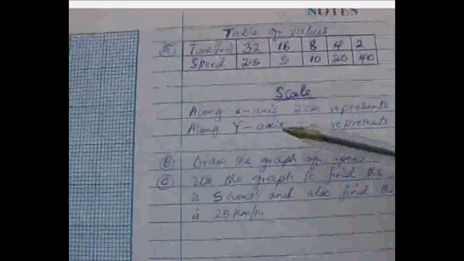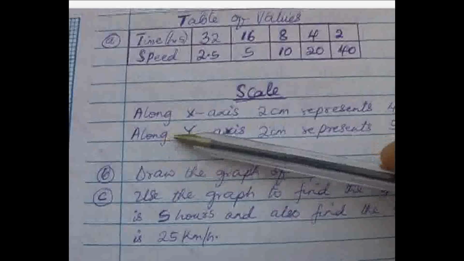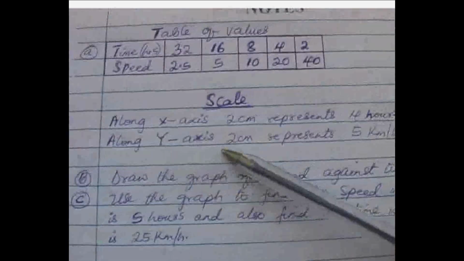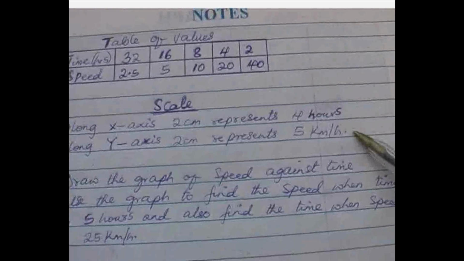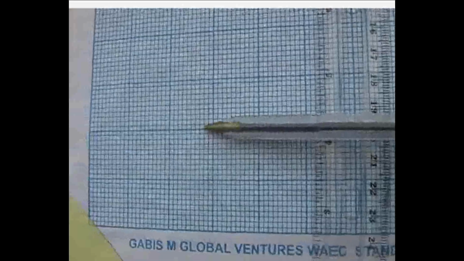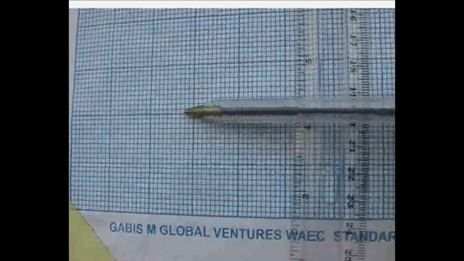The same thing applies to the scale we chose on the y-axis. We said that along the y-axis, 2 cm will represent 5 kilometers per hour speed. That means each of these gaps from here to here, that is 2 centimeters, will represent 5 kilometers per hour.